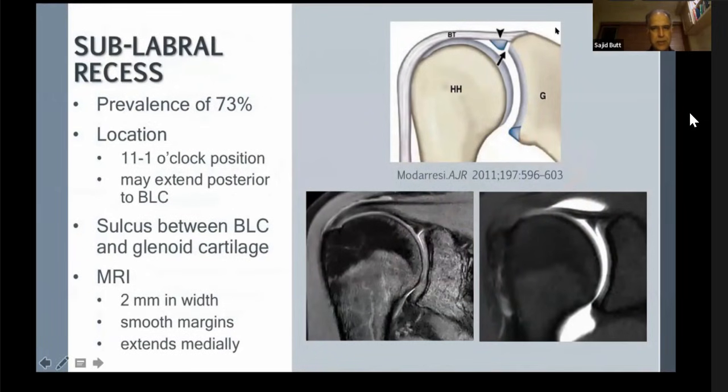The sublabral recess is a little cleft of the joint space which goes underneath the labrum and the biceps complex. How do we know that this is not a tear? Because it points towards the medial side, paralleling the glenoid cartilage. That's normal, okay? And it's usually very thin, 2 millimeters, with smooth margins.